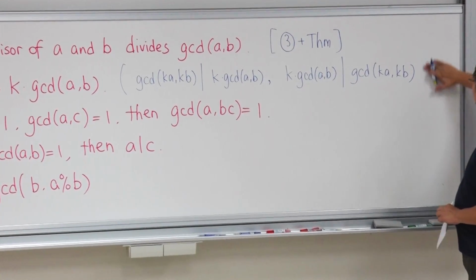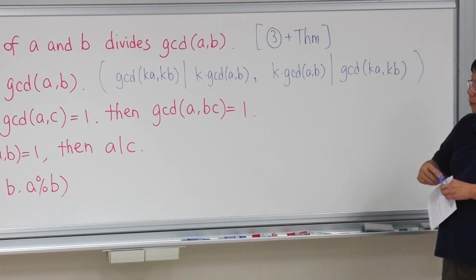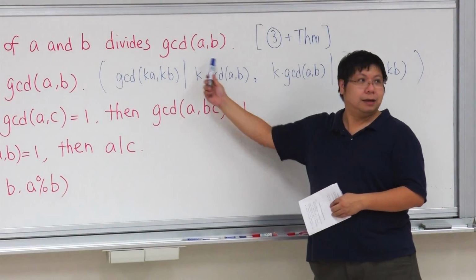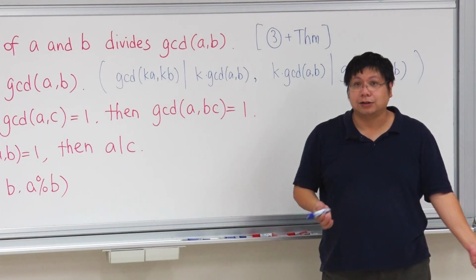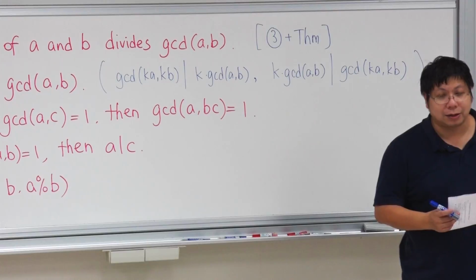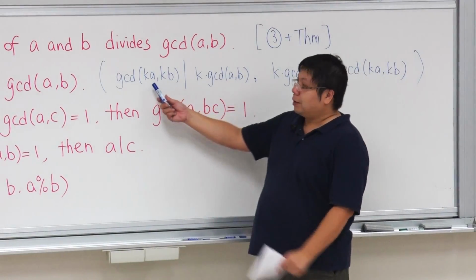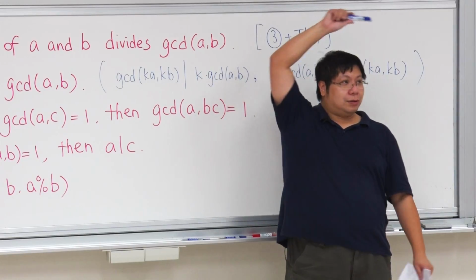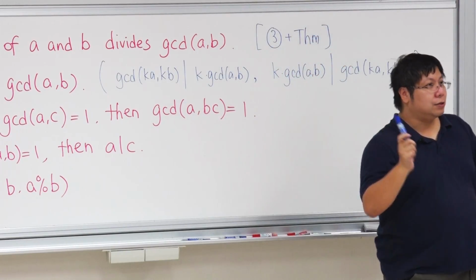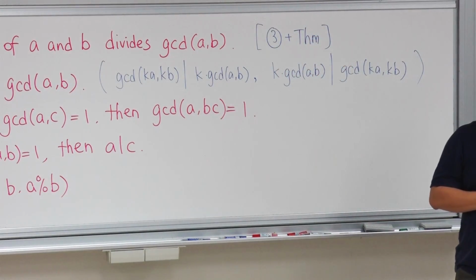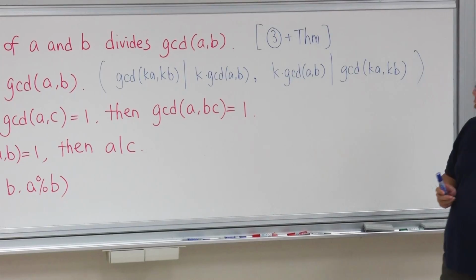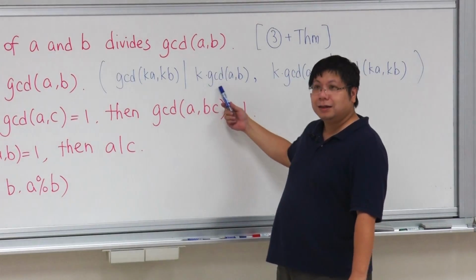So we want to show these two things. Because each of these numbers is positive, GCD is the largest number, so it's greater than 0, assuming we are not talking about 0 and 0 for A and B. If one divides the other and the other also divides back the first one, then these two numbers have to be the same. Okay? So this direction is easy.